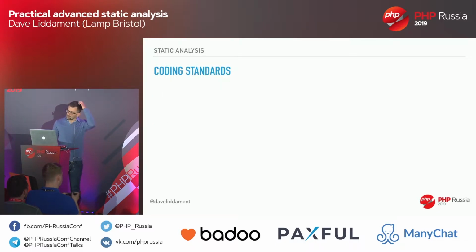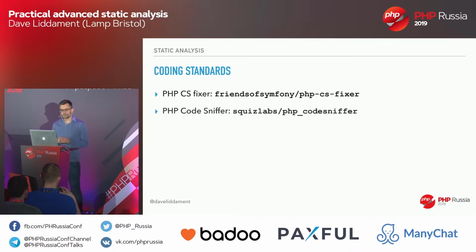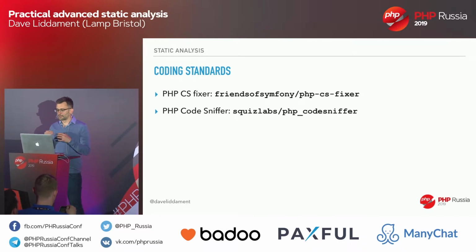We can also have tools that check our coding standards, for example, things that comply with the PSR standards. There's a couple of tools. One is PHPStorm, which is one I use. There's also Code Sniffer. They both do very similar things in terms of looking at the code and checking it conforms with a particular coding style.